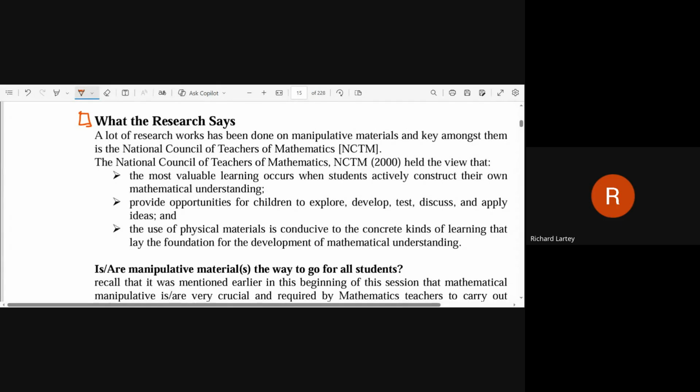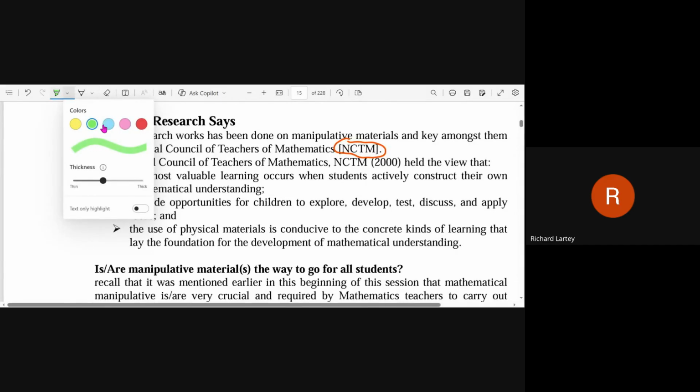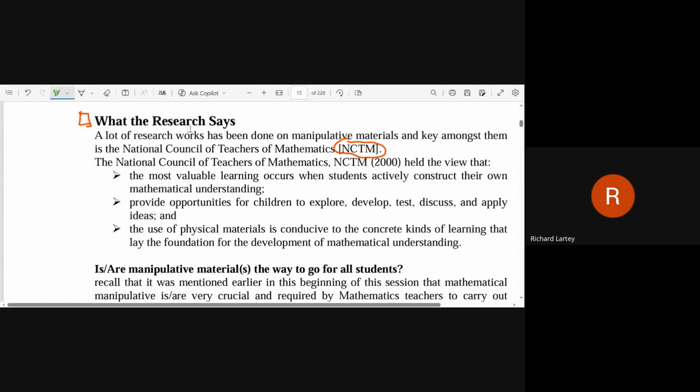Okay, it says that a lot of research work has been done on manipulative materials, and key amongst them is the National Council of Teachers of Mathematics. The National Council of Teachers of Mathematics, NCTM 2000, held the view that, one, the most valuable learning occurs when students actively construct their mathematical understanding.